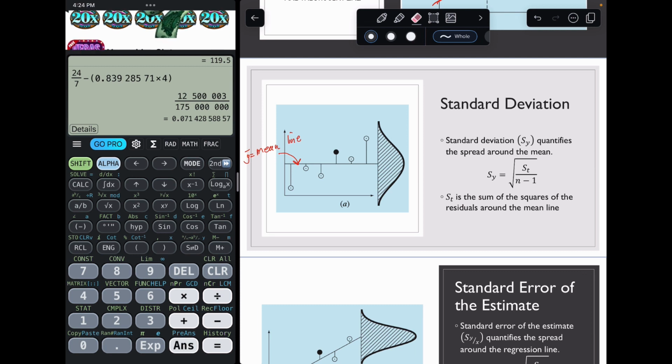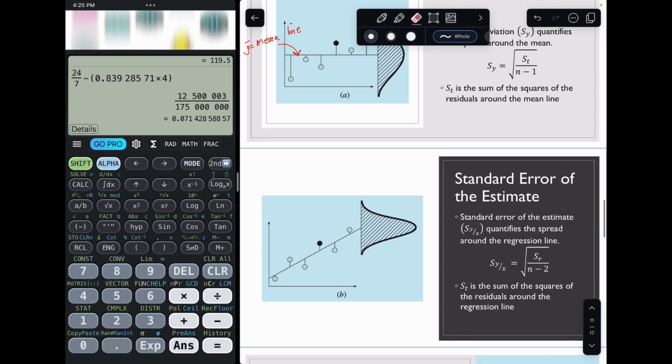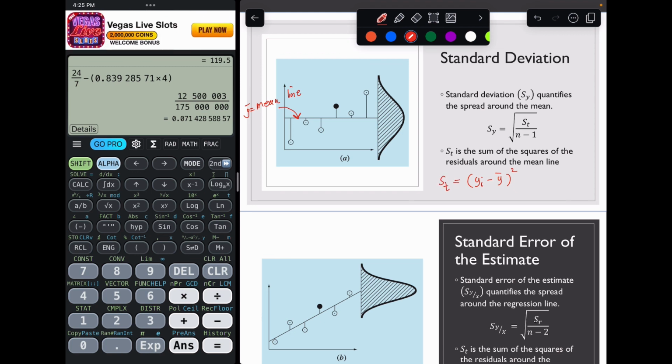That is the difference between the data point y sub i minus y bar, squared. So S sub t is the sum of y sub i minus y bar, squared.